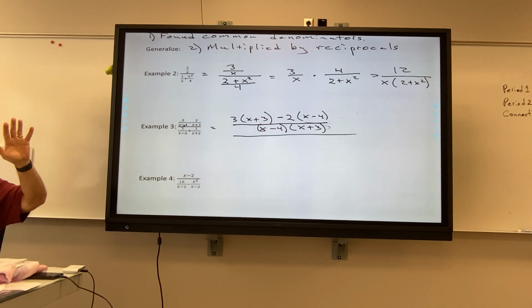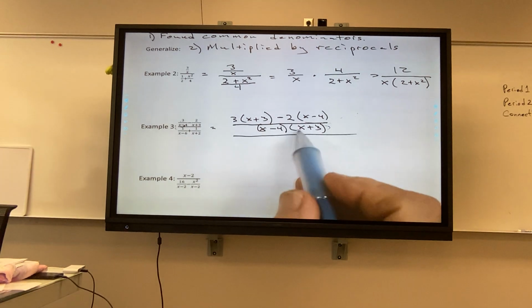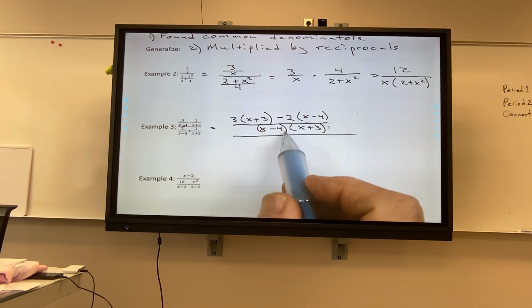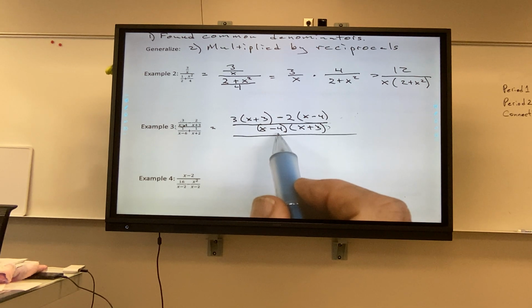Could you repeat that a little bit more? Again, I do not take the time, nor do I wish you to take the time, to take that denominator and make it into x squared minus x minus 12. Leave it factored.